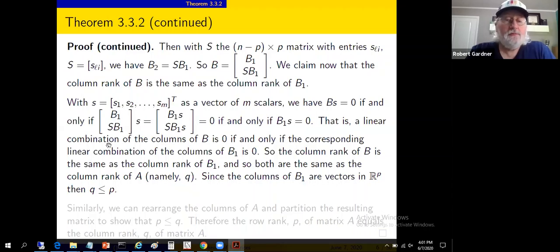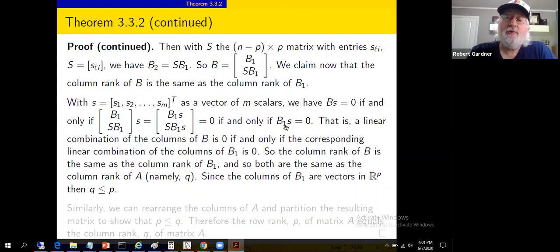So, linear combinations of columns of B, which this is, by taking a matrix and multiplying it by a vector on the right, give a linear combination of the columns, as I commented earlier when looking at multiplication on the left by a matrix. So a linear combination of columns of B is 0 if and only if the corresponding linear combination of columns of B1 is 0.